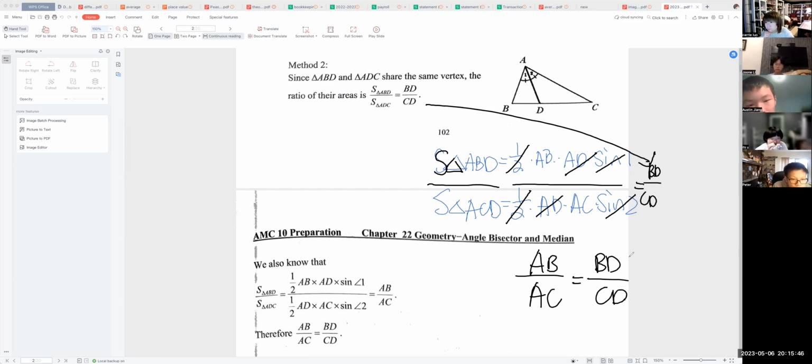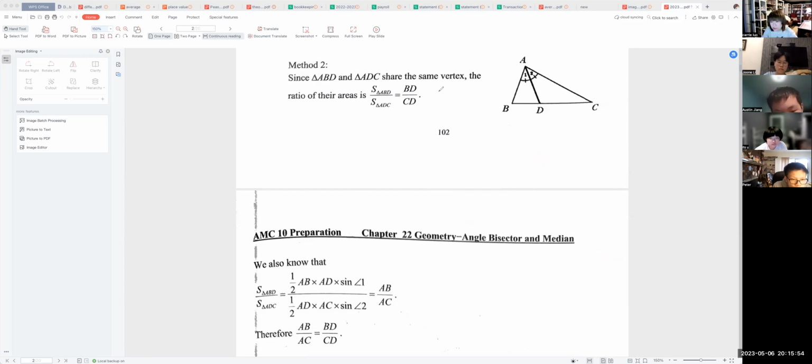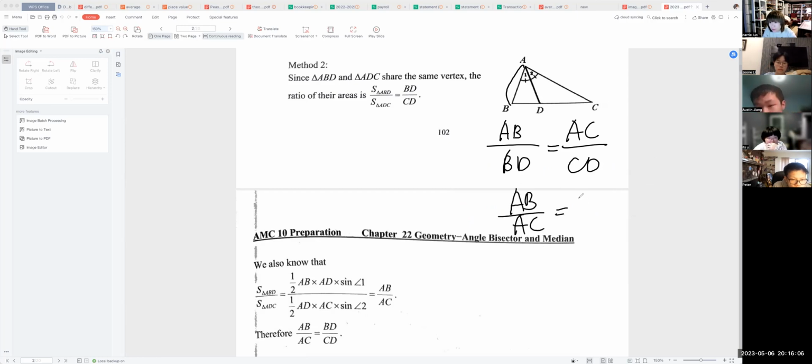Get it? This is just a proof to help you understand. You can directly use this theorem: AB to BD equals AC to CD, and also AB to AC equals BD to DC.